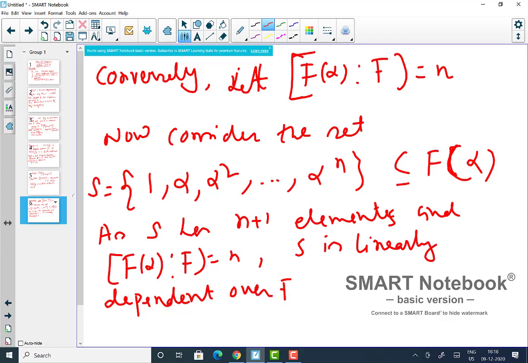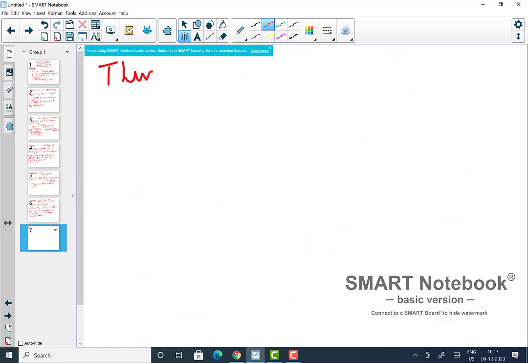over F. Once you know S is linearly dependent over F, then you can find some constants over F such that the elements of the set S satisfy a trivial relation with non-trivial coefficients, right? So thus there exist some C0, C1, ..., Cn elements of F, not all 0.